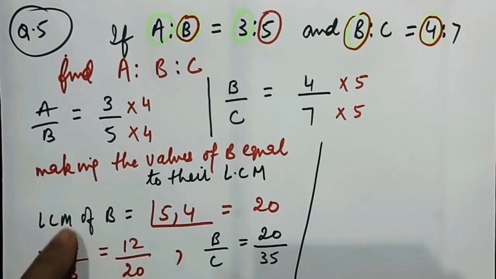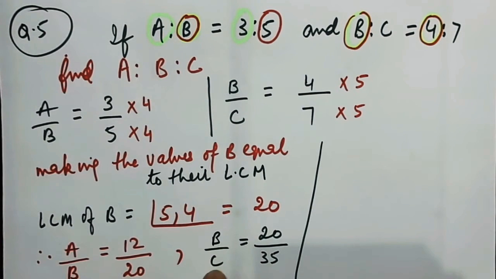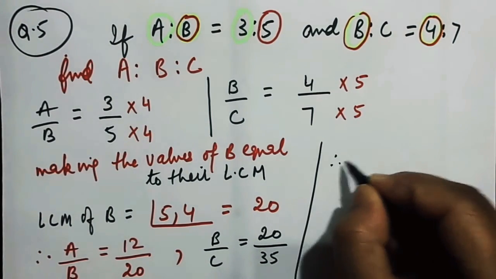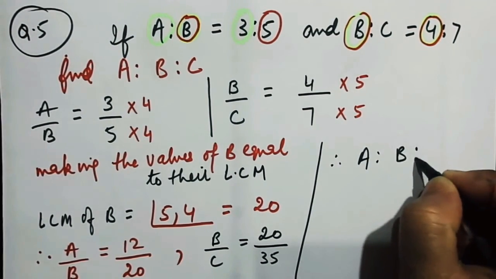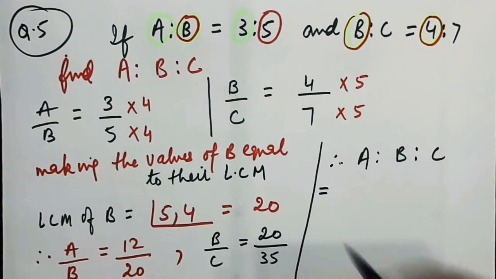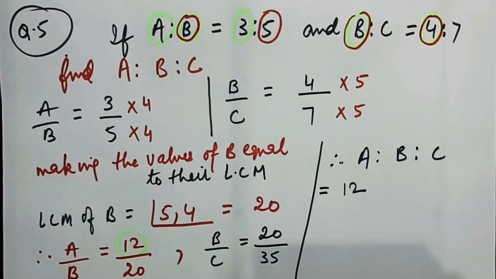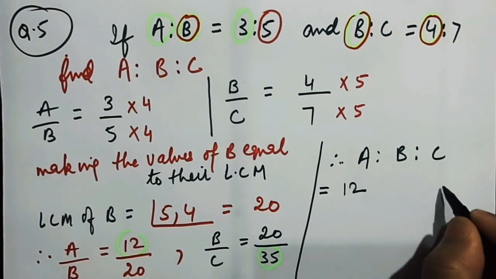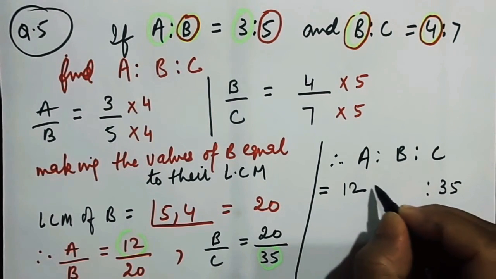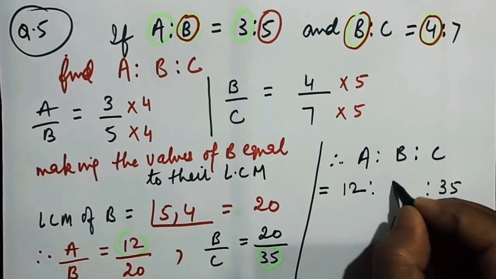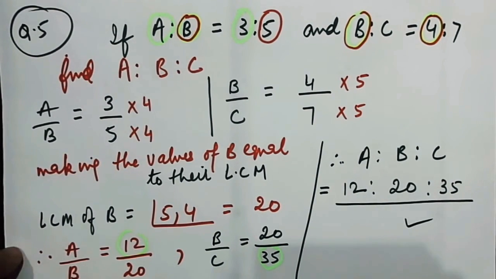Now, since A by B is equal to 12 by 20 and B by C is equal to 20 by 35 and both B are equal, you can write, therefore, A is to B is to C is equal to A is 12, B is 20, and C is 35. This is your solution.